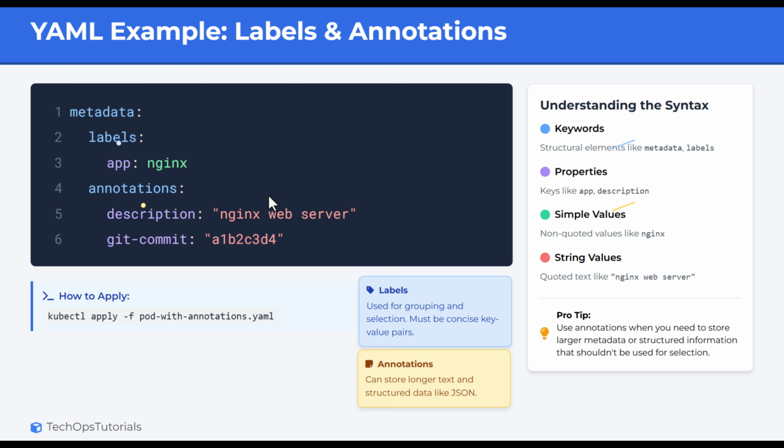They can hold longer text or structured data like this description or git-commit ID you see here. If you want to apply this YAML file, you can simply run the command kubectl apply -f pod-with-annotation.yaml. Please note, labels should always stay short and clear for selection, while annotations are better for extra details that you don't use for selection.